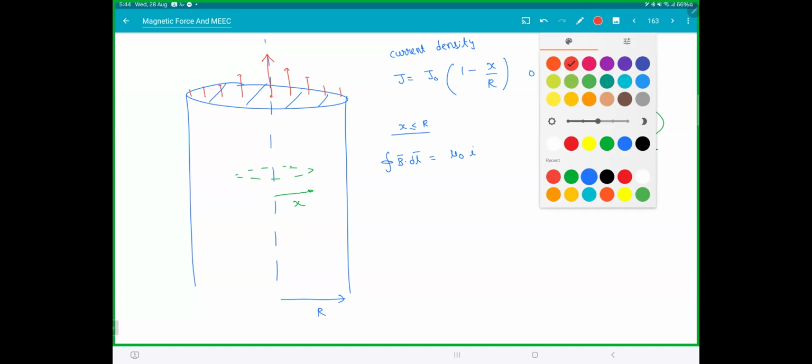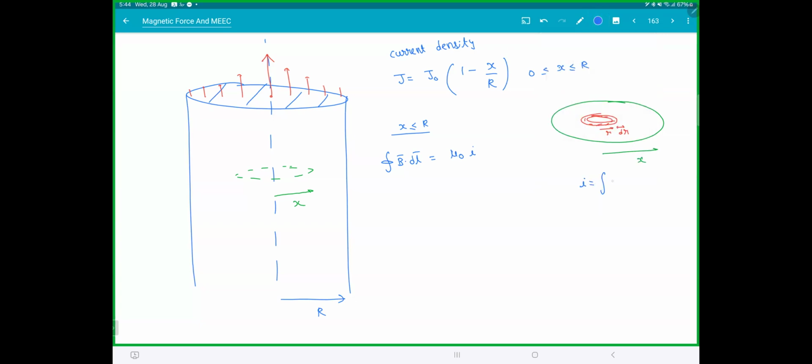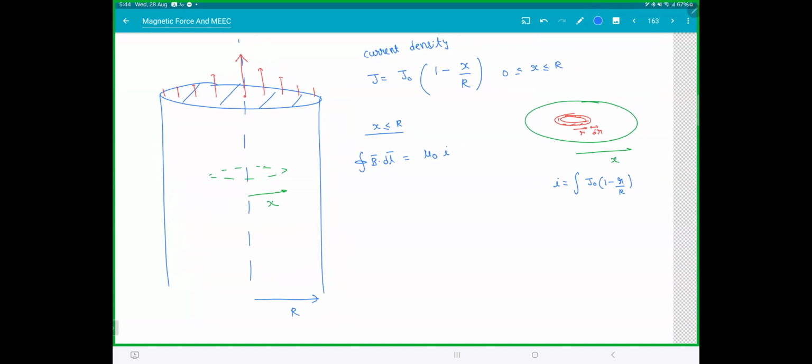So the current in this ring, I, would be the integral of J naught into 1 minus r by R, into 2 pi r dr. The thin ring's area is 2 pi r dr, and the current density is J. This will go from 0 to x. So this small I will give you the current up to x.